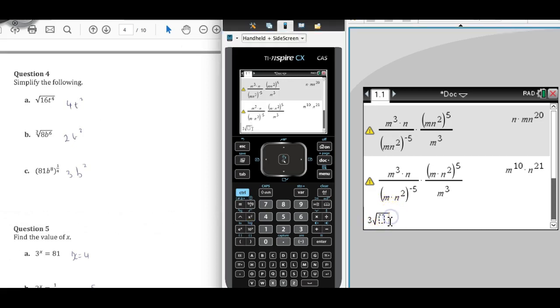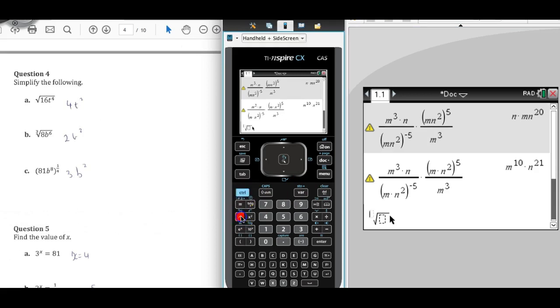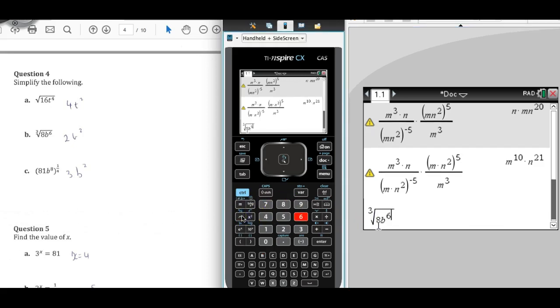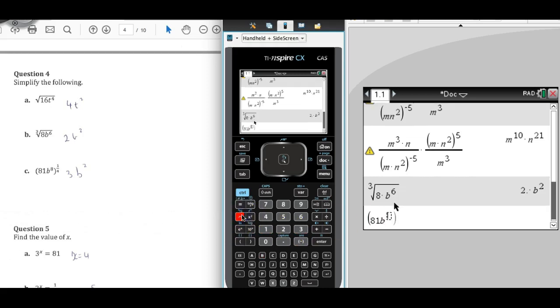Okay, so what you must do is press Control and see how you've got the nth root of x. That's actually taking the nth root. So we want the cubed root of 8b to the power of 6. Okay, so if you didn't get 2b squared, maybe just check whether you actually did 3 times instead of the cubed root. Now the last one, let's just do that, 81b to the power of 8.